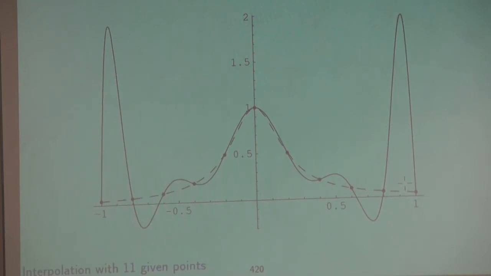Yeah, that's a good idea. 3 points. Let's talk about 3 points. You would take this point, and then maybe this, and this. How about that? And then you would get a polynomial of degree 4, which would look, I don't know exactly, like that.